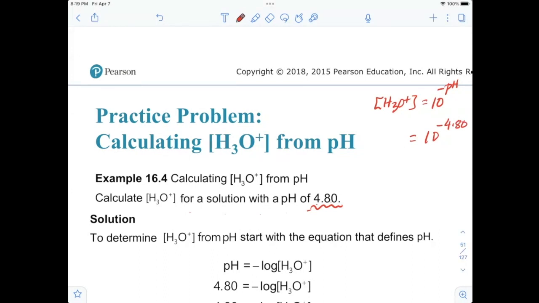You want to multiply that out or plug it in your calculator. That should work out. So it's going to be 10 power negative 4.80.